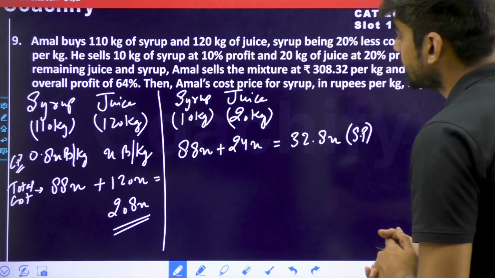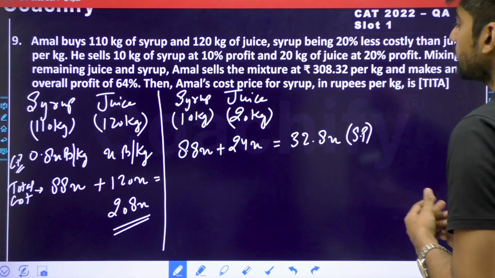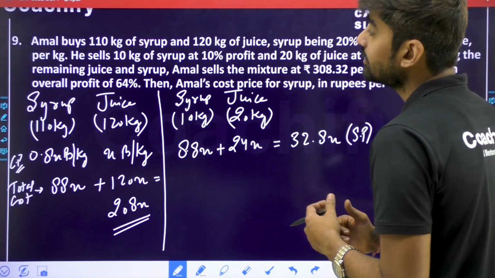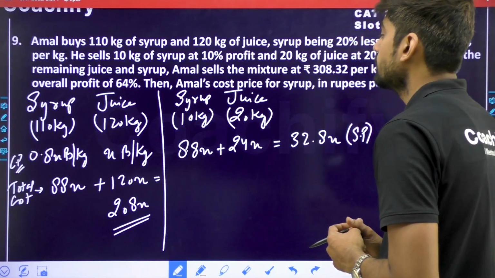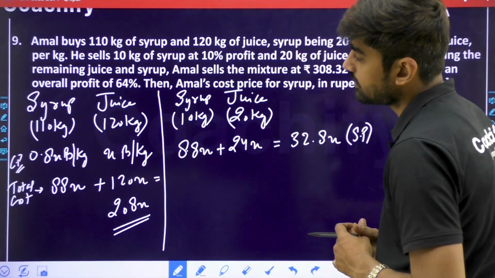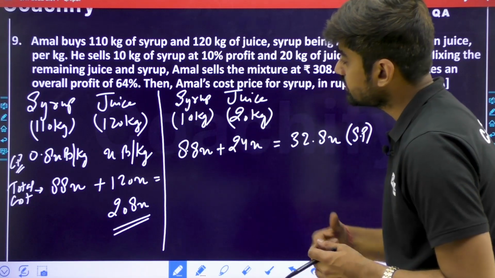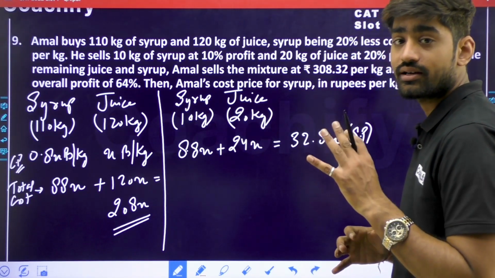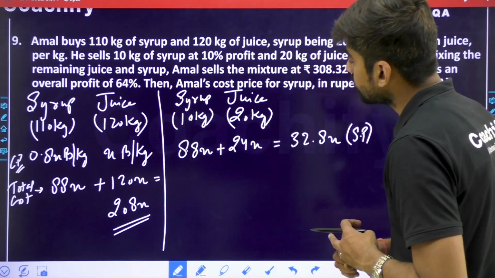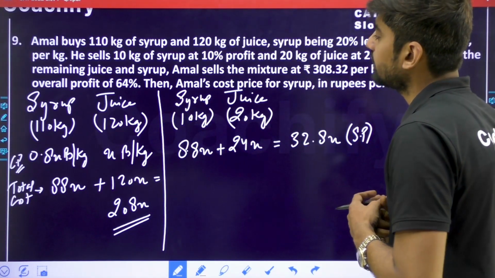Now the question says he's selling the mixture. How is he preparing the mixture? He's mixing the remaining juice and syrup. If I take the total quantity of syrup as 110 and 10 kg is used here, the remaining becomes 100 kg. Same for juice, total quantity was 120, out of which 20 I have used, so the remaining is again 100.